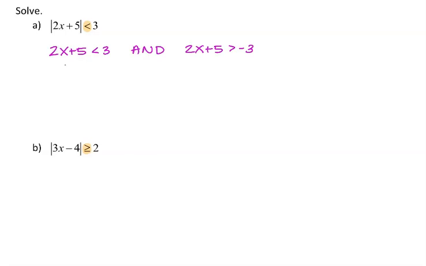So subtracting 5, we have 2x is less than negative 2, and dividing by 2, we have x is less than negative 1. Same thing here, subtracting 5, 2x is greater than negative 8, and dividing by 2, x is greater than negative 4. So oftentimes it helps to picture this on a number line, so negative 4 and negative 1.